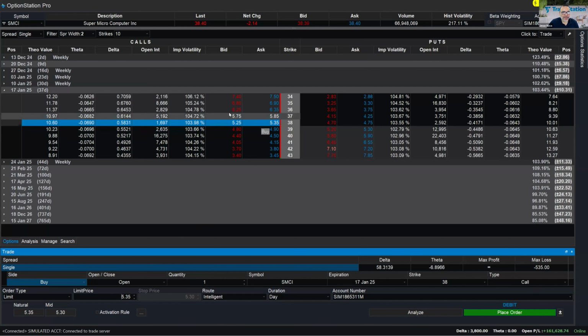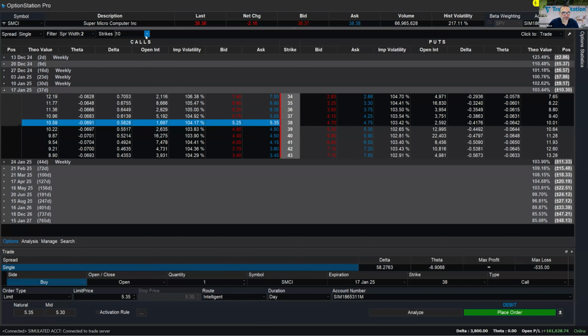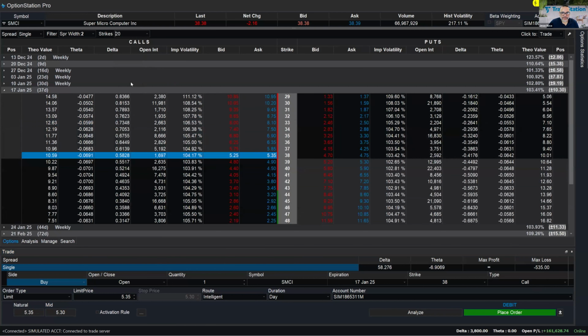Where should it go? Let me go ahead and increase the strikes here for a moment. I'm going to show 20. Take a look. We can see where the line turns green. It's right after 43. Why? Because you do have to add the $5 to the $38 that the stock is trading at the moment. It needs to go past 43 in order for you to start making money.